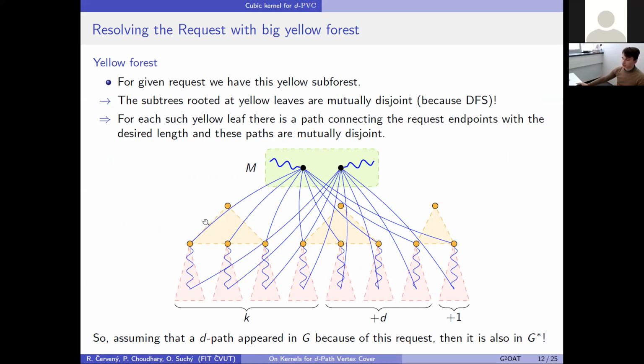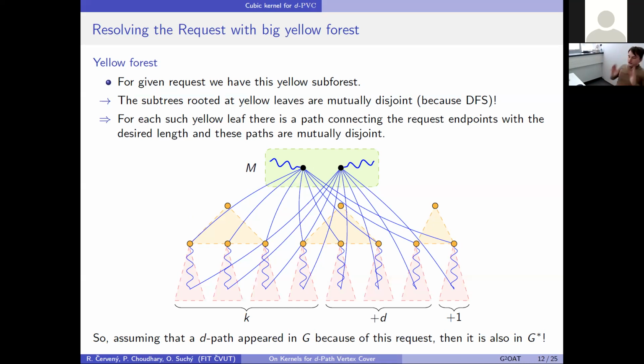So this is, for example, our yellow forest, and for each yellow leaf, we know that there is some path that connects the endpoints of the request. And if there are many of them, then what can we say about the existence of this problematic d-path?